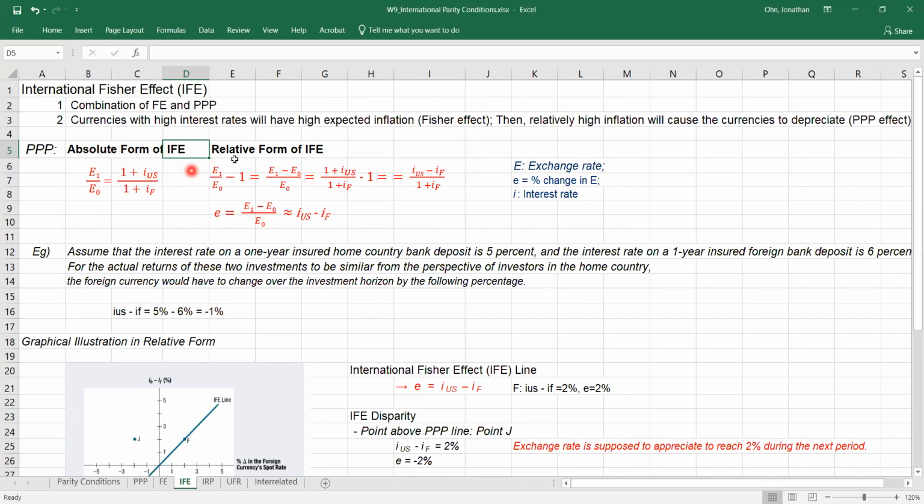If you change that to relative form the same way, this one is percentage change in exchange rate, and this one is the numerator. The approximation is relative interest rate. So the percentage change in exchange rate should be equal to relative interest rate. All right.